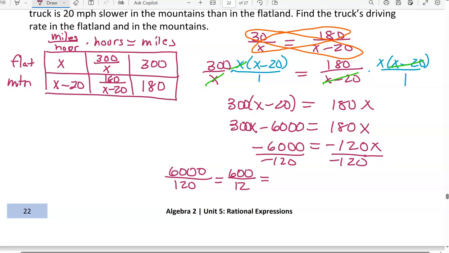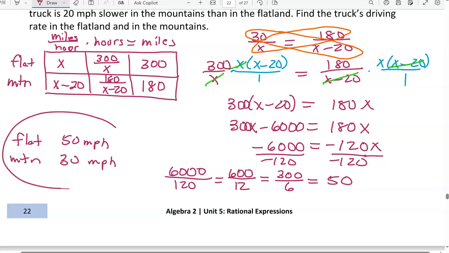Let's divide by 2 next. That would be 300 over 6, and now we've got an easier division. That would be 50. So x is 50, and that means in the flatlands our rate is 50 miles per hour. And in the mountains, since the rate was x minus 20, that's 50 minus 20, which is 30 miles per hour.